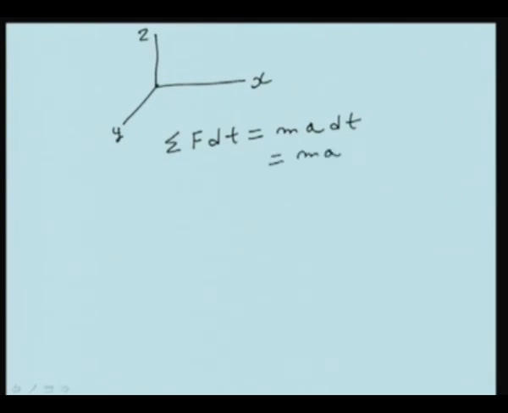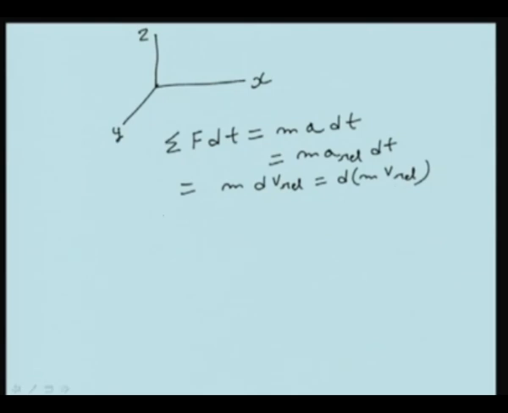If we have a relative frame of reference, x, y, z, some frame of reference, and if it is moving with a constant velocity, then sigma f dt will be m times the absolute acceleration times dt, and since it is moving with a constant velocity, this will be m A rel dt, which will be equal to m d V rel.